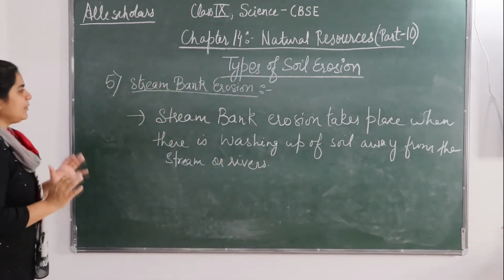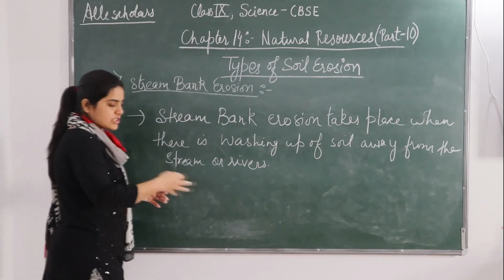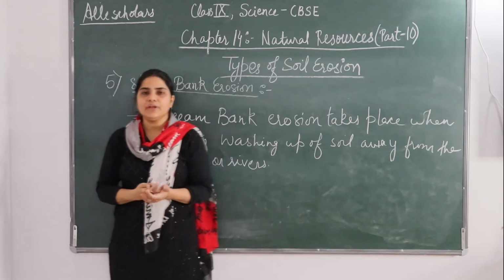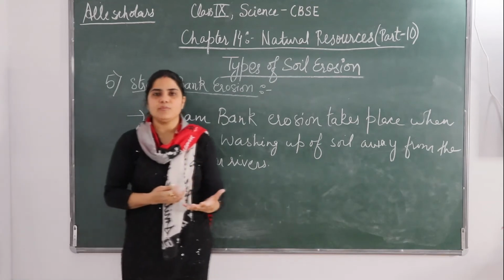Okay, so stream bank erosion is washing of soil away from the bank of a stream or a river.